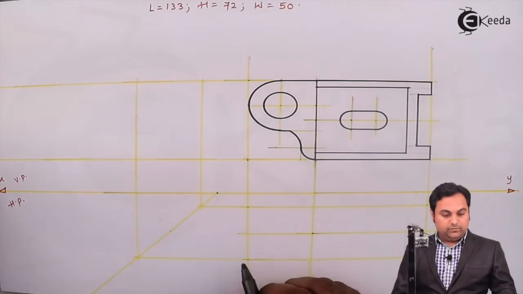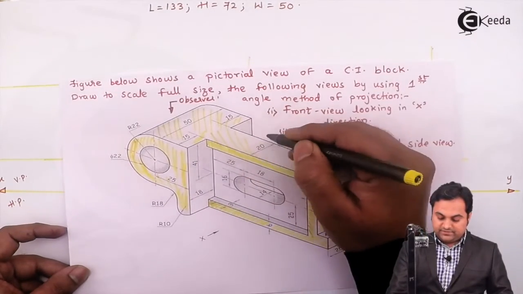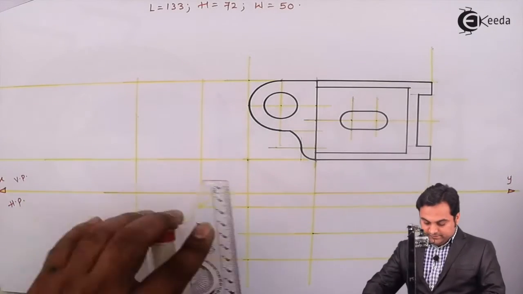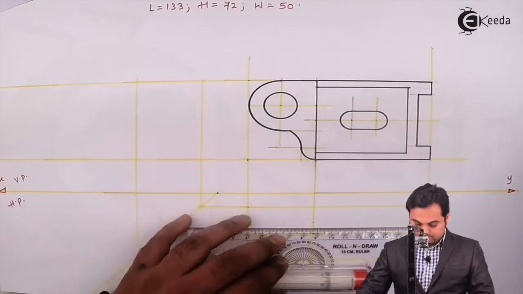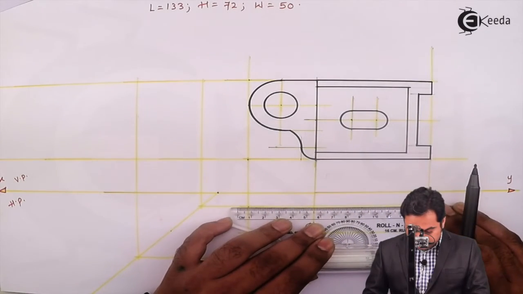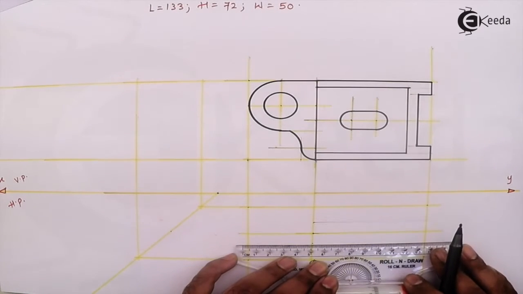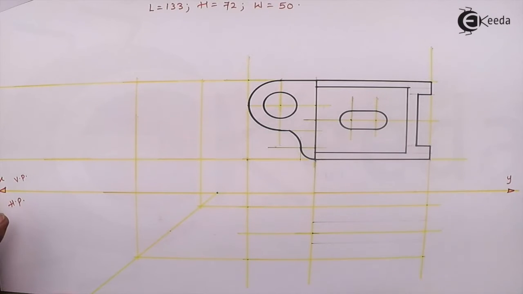It is having the total width. Then there is this portion having width 20 exactly at the center. So from this center, I'll take 10 mm on both sides. Then I'll make it dark.